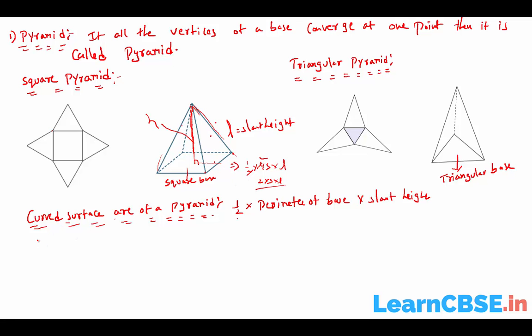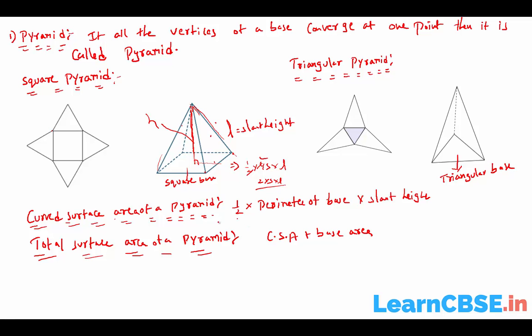Now the total surface area of a pyramid. If you observe, the total surface area we can take as curved surface area plus base area. Before, in curved surface area we excluded the base.